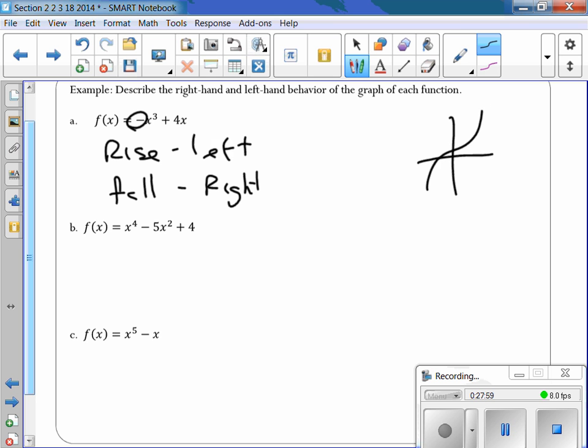Especially when you're graphing, you may want to put some little indications here. This is what's going on, so we need to sketch that graph. What about this? f of x equals x to the fourth minus 5x squared.